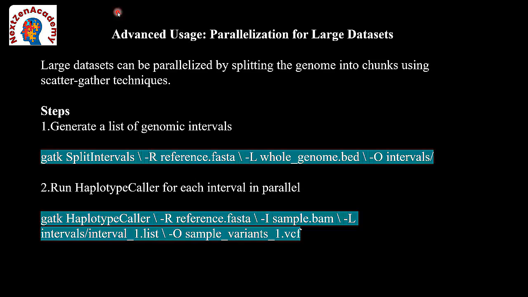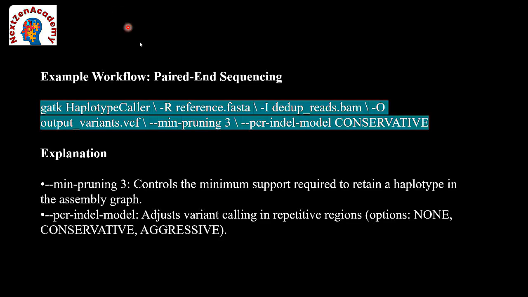I is the path to the input BAM file, and capital O is the output VCF file. If you want to get GVCF, you need to give ERC GVCF. ERC is called enable the GVCF mode.